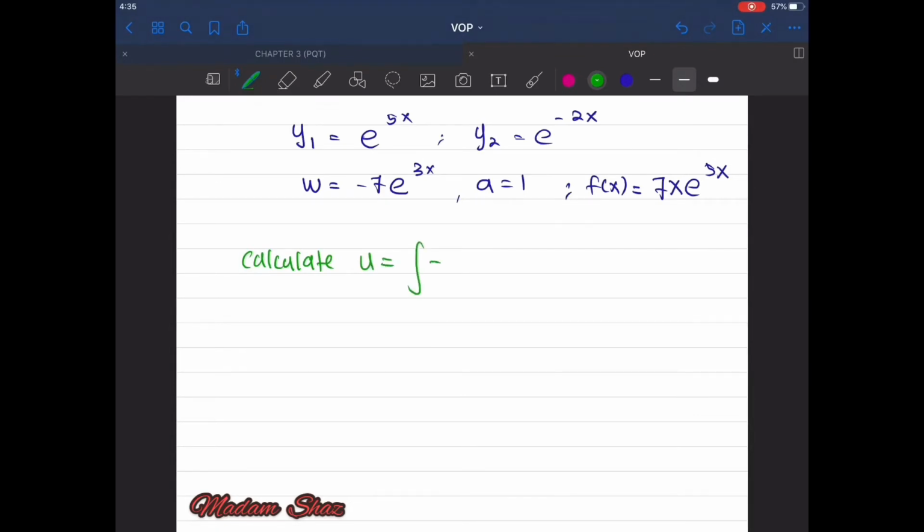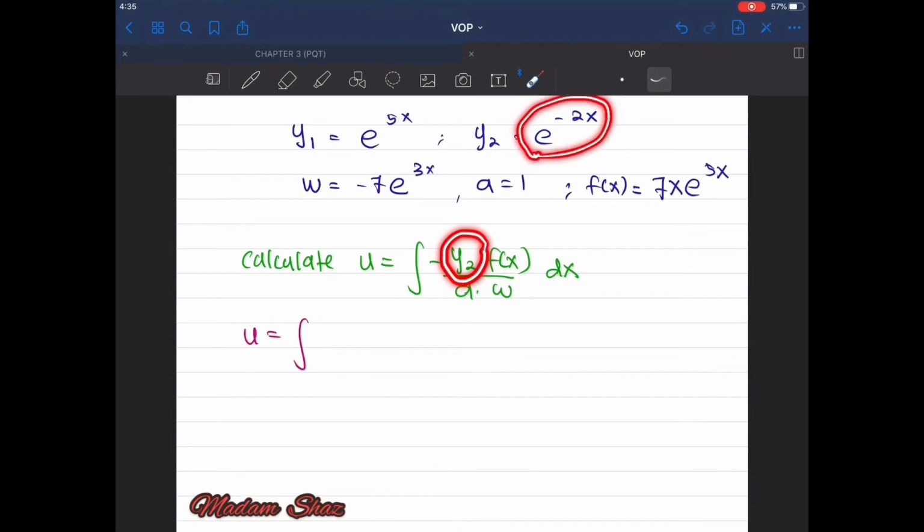u is equal to integrate negative y2 fx divided by aw dx. So u is equal to integrate, substitute your y2 which is exponent negative 2x, and in the formula of u you have negative here, so we will write negative at the front.